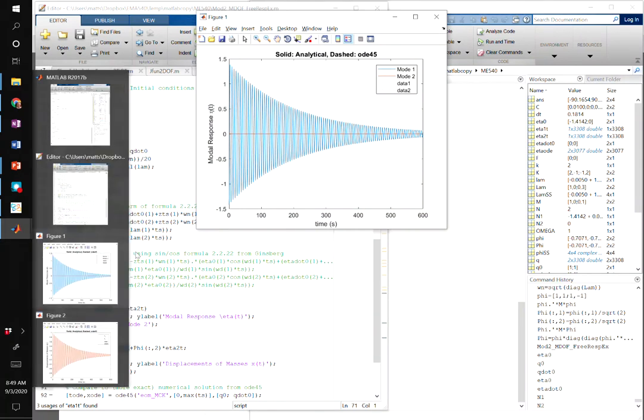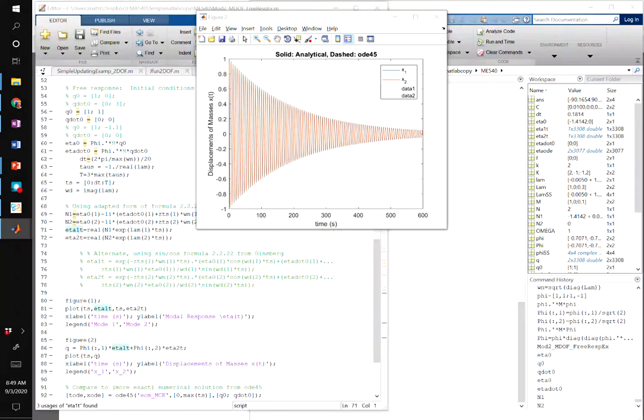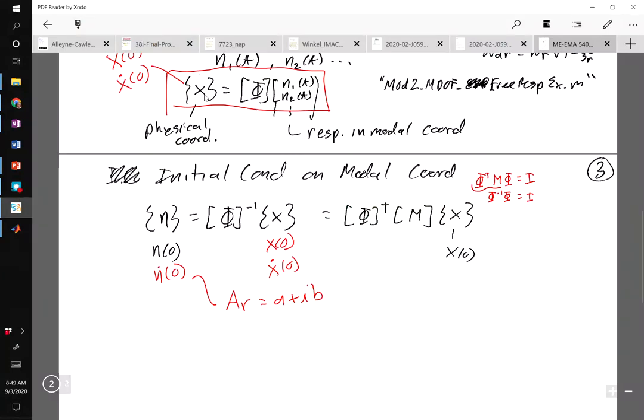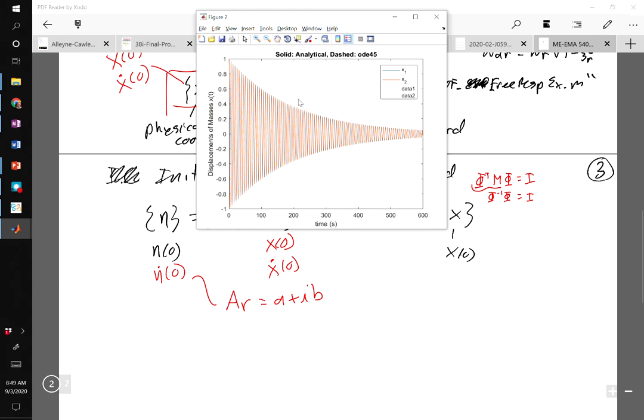And then if I transfer back to physical coordinates, remember all I have to do that is just use this equation right here. Physical coordinates are the mode shape matrix times the eta. So in this case I have an eta 1 of t and a 0. I can transfer back and this is what I get.